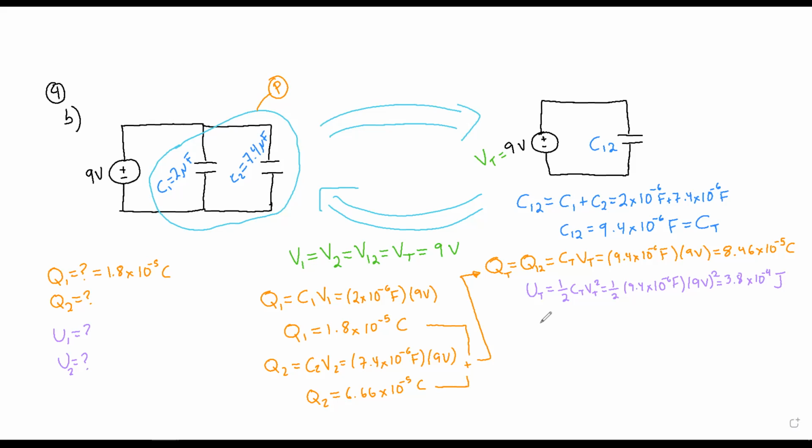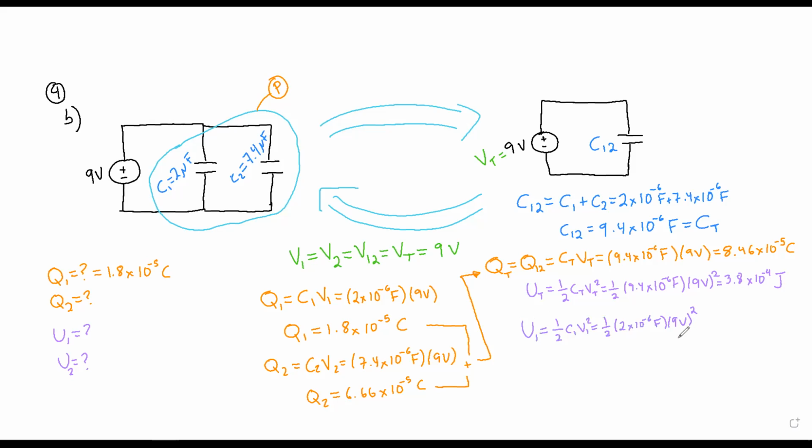And lastly, we can calculate each of the energies. So the energy in one is going to be 1/2 of C1 V1 squared. It's 1/2 of 2 times 10 to the minus 6 farads times the voltage squared.